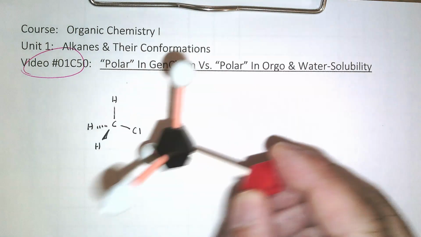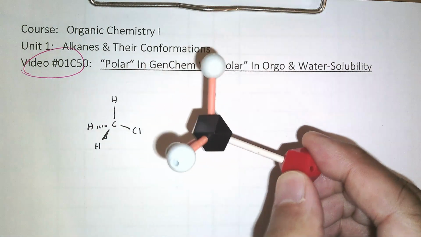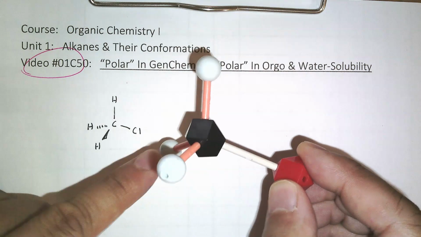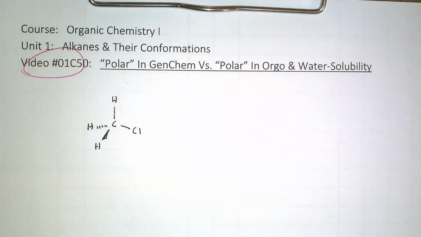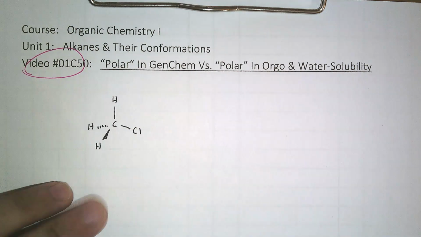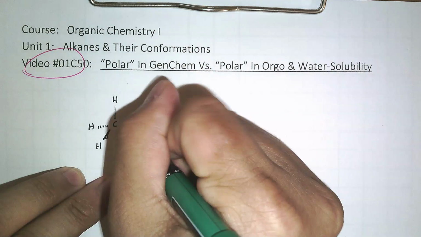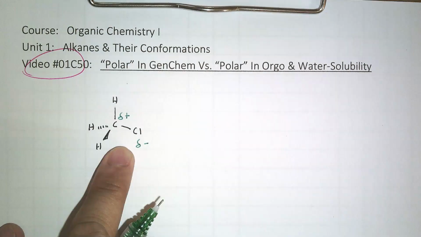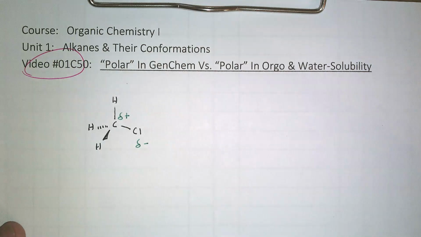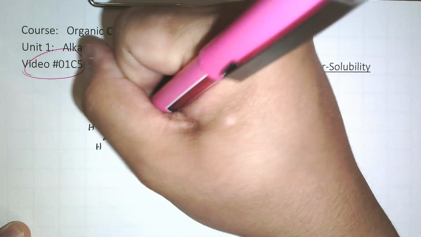Chlorine in this case is red, and when you have a model, do you see how this hydrogen is towards you, and this hydrogen in the back is going away from you? Now, chlorine is a pretty electronegative atom, and you have a dipole. And that dipole, if you recall from general chemistry, is in this direction, or you could draw a dipole arrow like this.